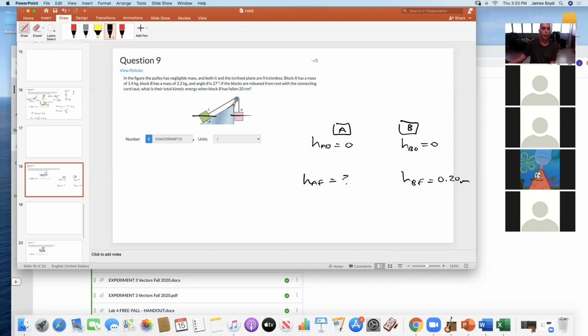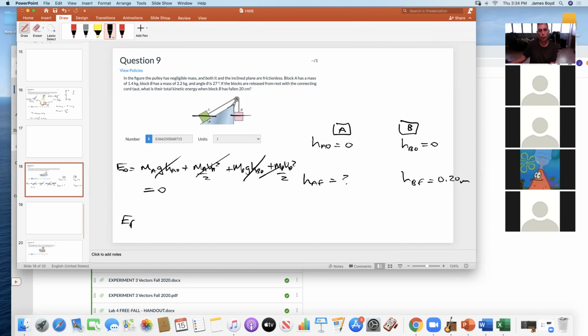And then what is the energy at any time? The initial energy of the system has to be MA g HA initial plus MA VA squared over 2 plus MB g HB initial plus MB VB squared over 2. This is 0, this is 0, and they both start from rest. The initial energy is 0.